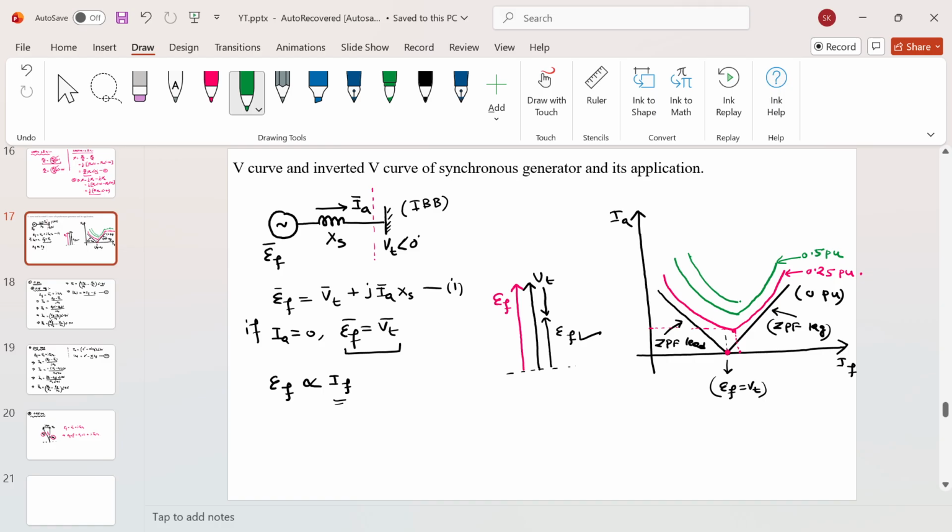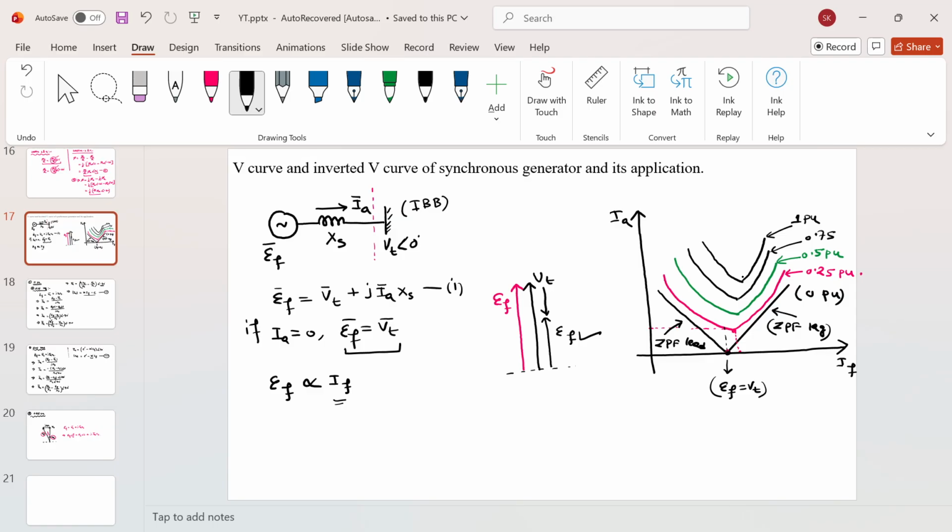Same thing you will get for 0.75 per unit, and again for 1 per unit active power delivery.